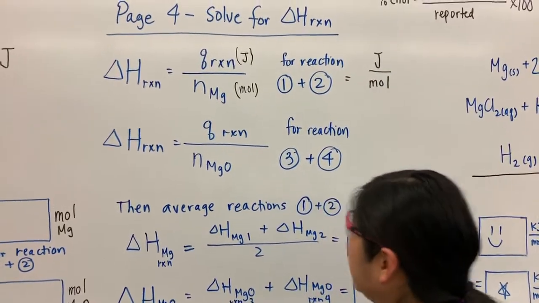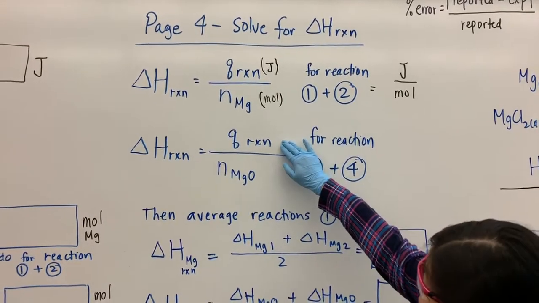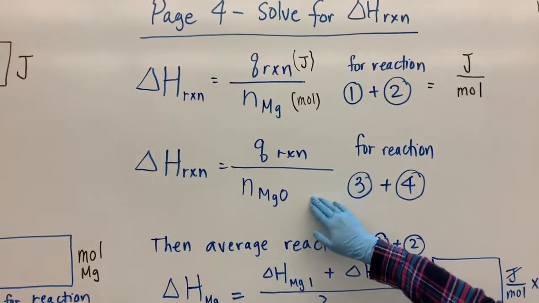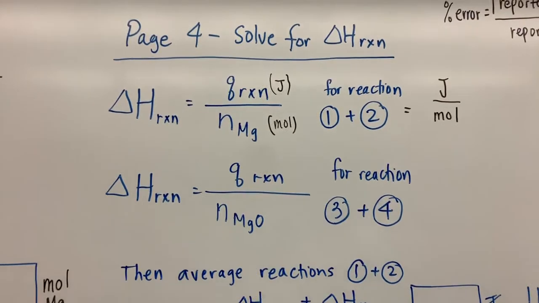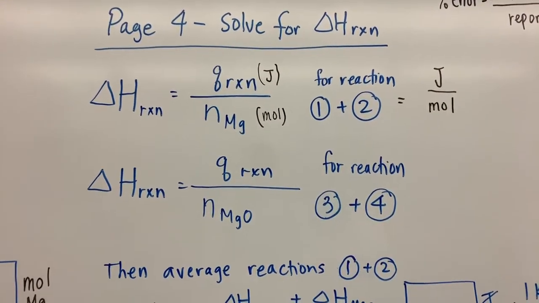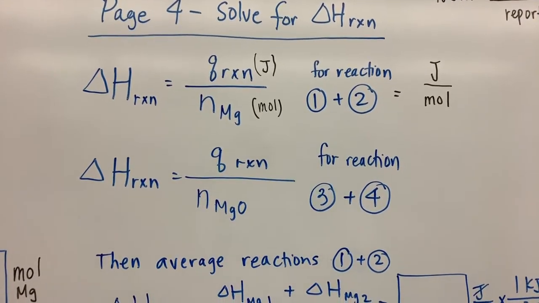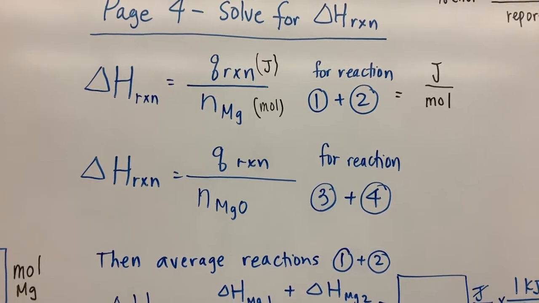All right? And again, you're going to do this for reaction 3, except you're going to use heat from reaction 3, moles of magnesium oxide from reaction 3, and for reaction 4, you're going to say heat from reaction 4 and moles of MgO from reaction 4.